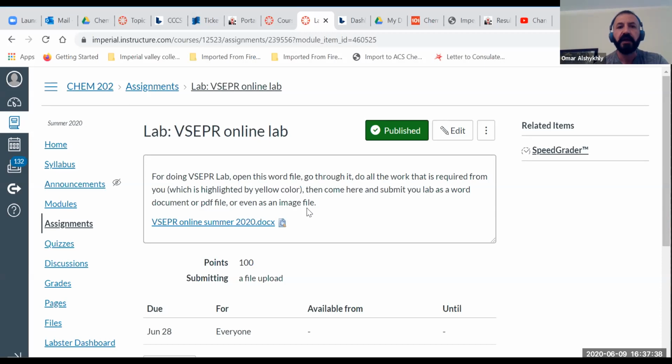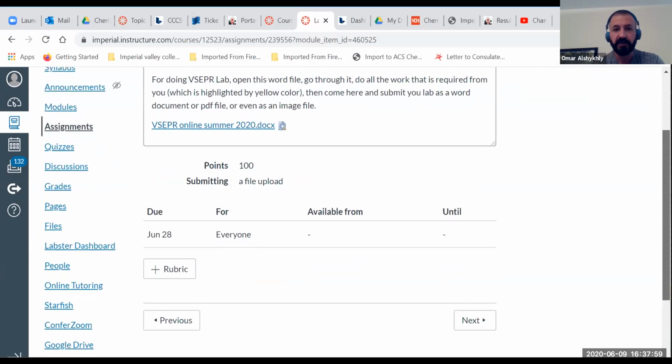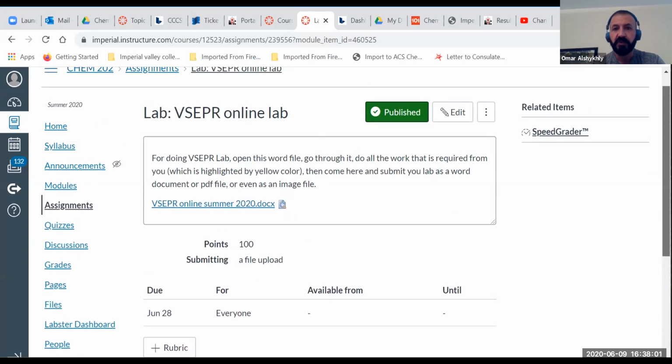Here, it is the Visible Online Lab, okay? So here, you have to open the Word file, go through it, and do all the work that's required from you, which I highlighted in yellow. Then come here and submit your lab as a Word or a PDF or even as an image file. When you're done, you have to come back through Canvas and submit it.